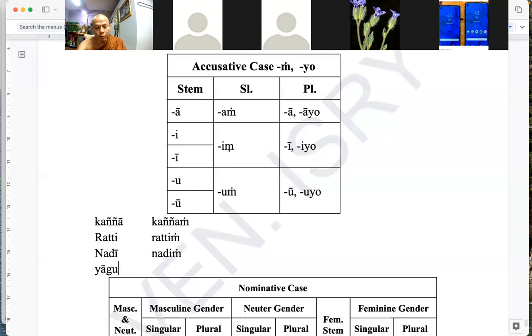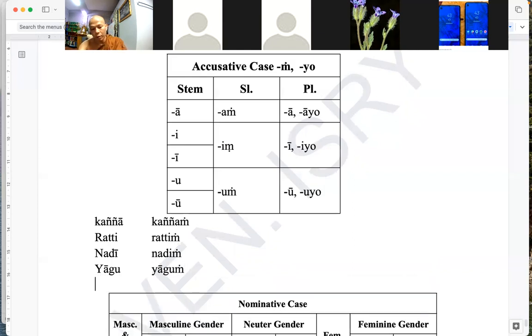And for yagu, to the yagu am is added, yagum. But plural forms are exactly the same as the nominative and vocative: kanya, kanya yo, rati, rati yo, nadi, nadi yo, yagu, yagu yo.